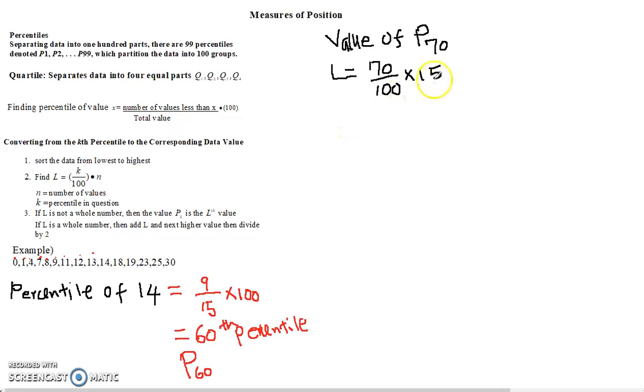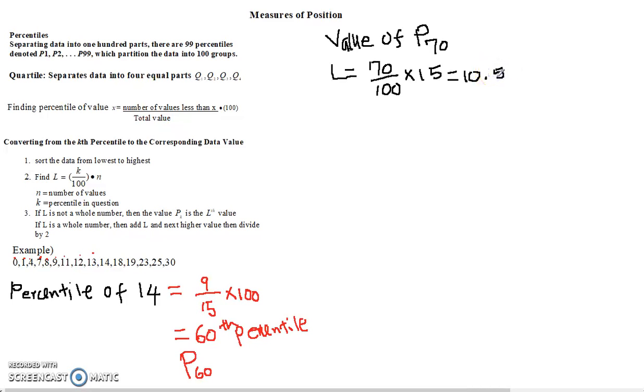So this L value is going to give us the position, the location of the percentile that we are looking for. So we got 70 divided by 100, and then times 15, I have 10.5.